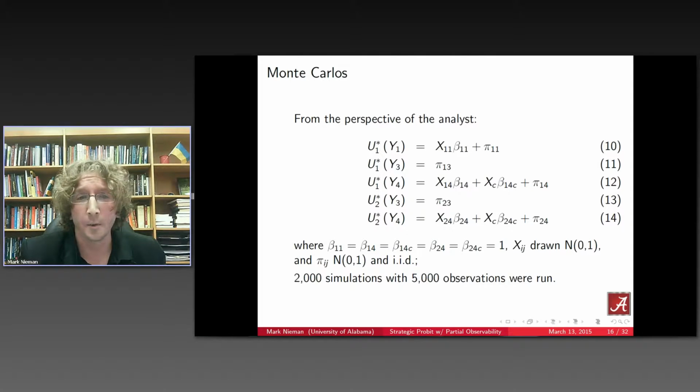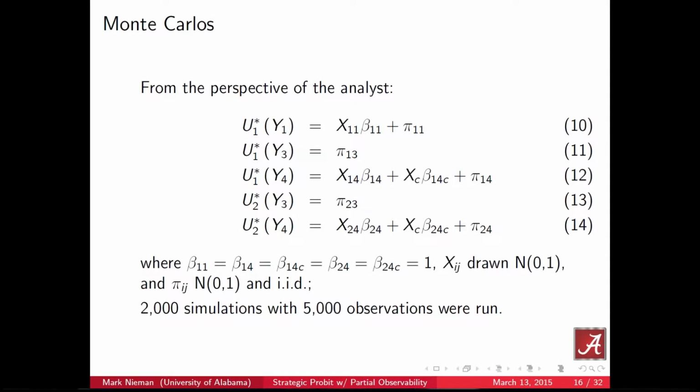Player 1's y4 outcome, you can think of this as the war outcome from the Civil War example, is going to be a regressor that's unique to it, as well as a regressor that's common to both player 1 and player 2. Finally, player 2's y3 outcome is just unobserved, and their y4 outcome is going to take the form of a unique regressor to player 2 and that same common regressor that I noted earlier.